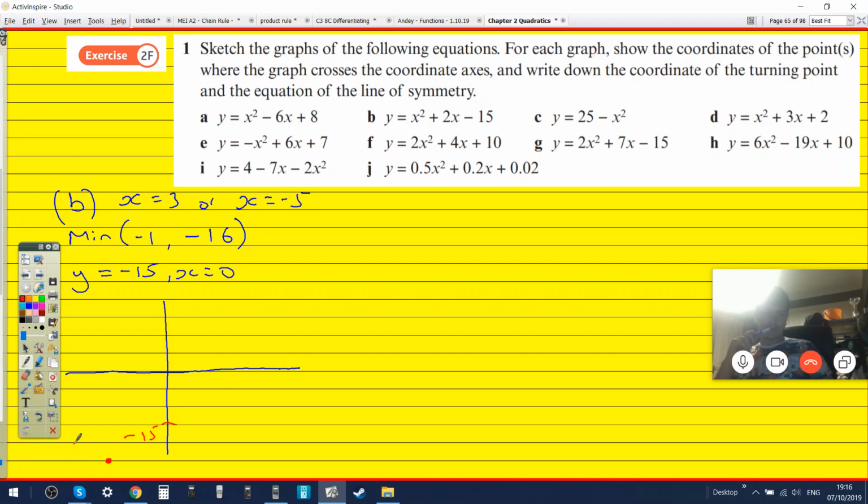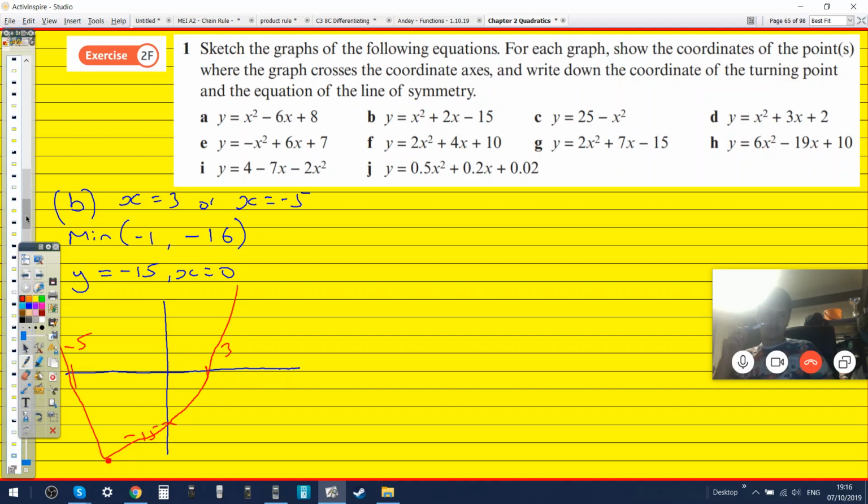And then it goes through 3 and -5. Let's say that's -5, that's 3. And then the graph is going to look something like that.